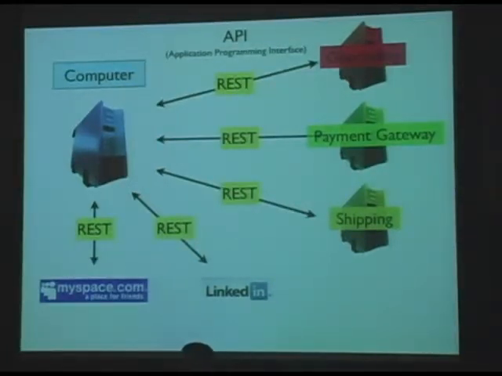Now, that doesn't solve the second problem that I initially lined out, which is that each of these applications has a different interface. The solution for that is to create other RESTful software architectures like OpenSocial, which defines the interfaces into these applications.